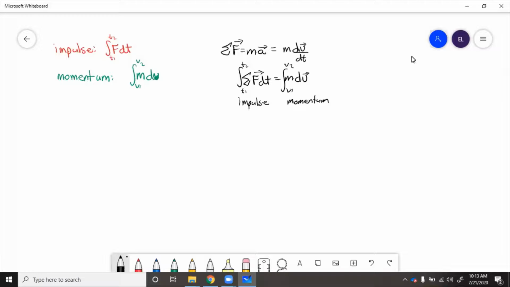Now, if the force is constant over a time period, we know in general the mass is constant.